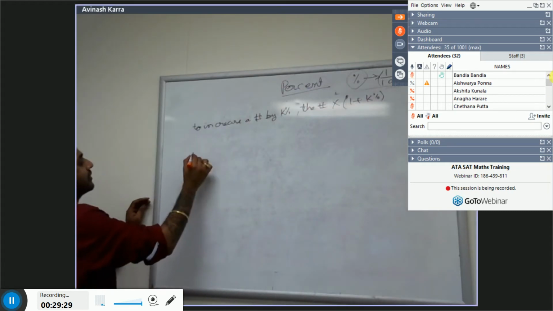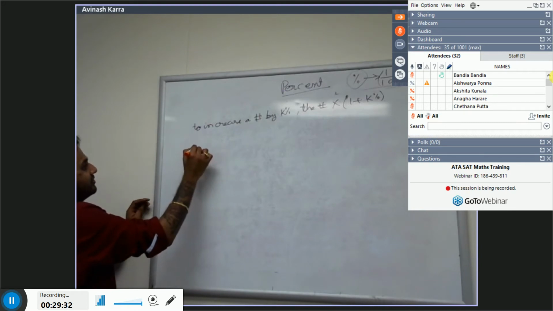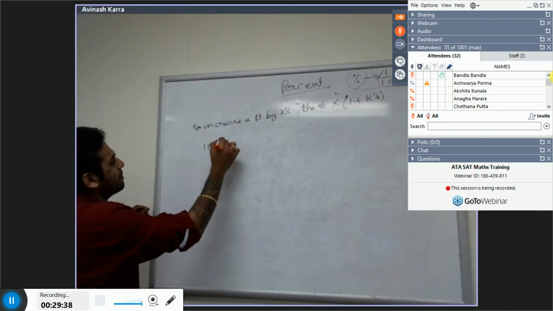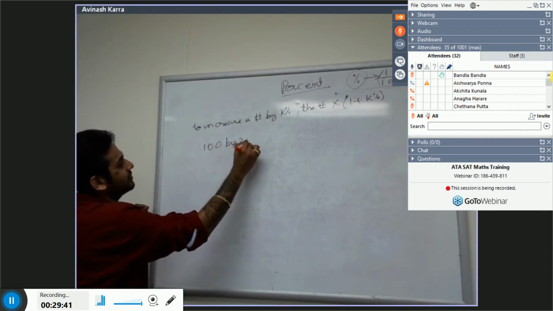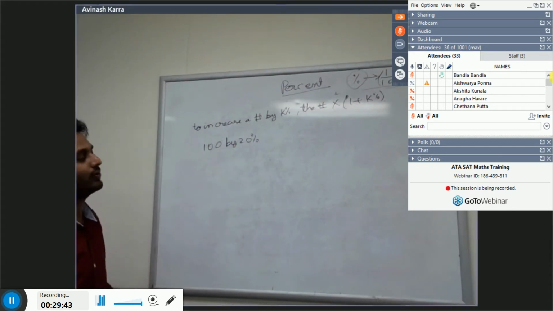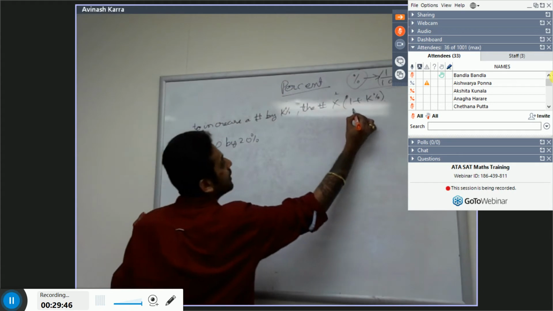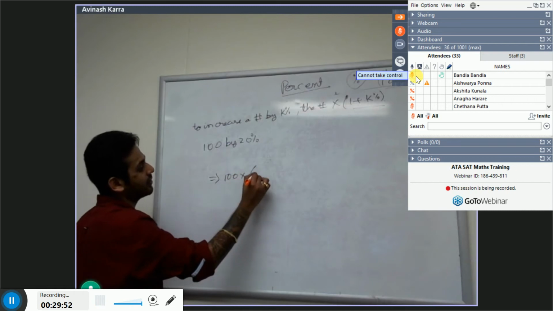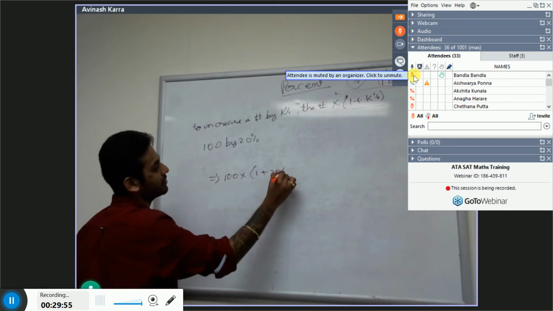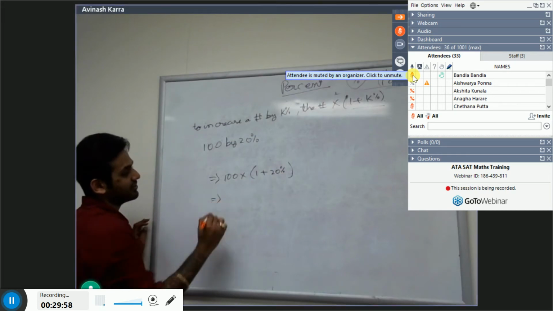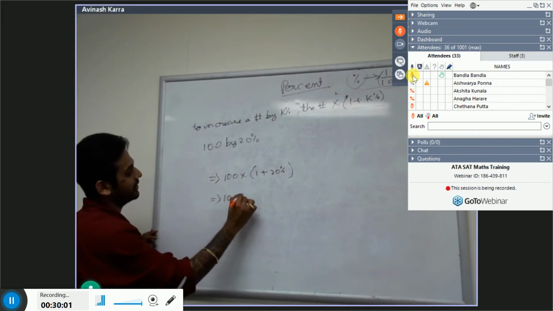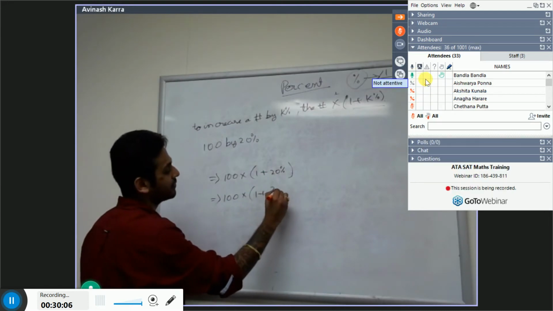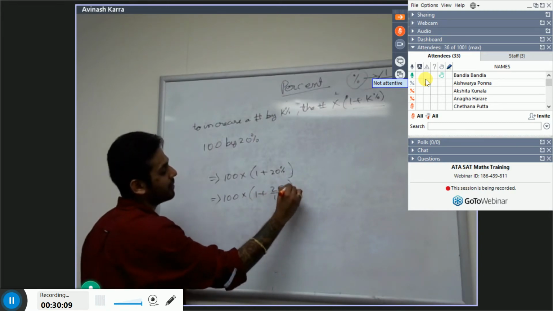So simple. Let's take the example of 100 itself. If I want to increase 100 by 20%, then what should I do? I should multiply 100 with 1 plus 20%. Whenever I see percent, I need to convert it into by 100.